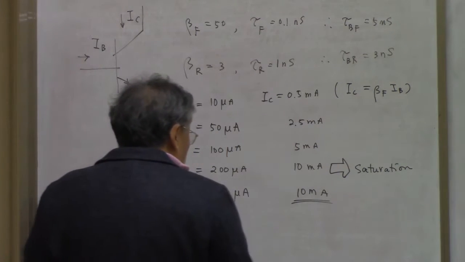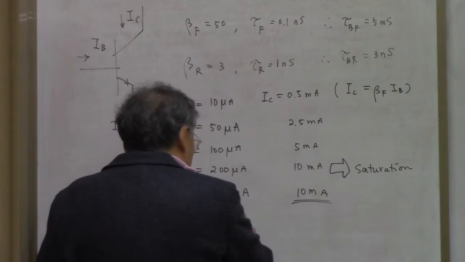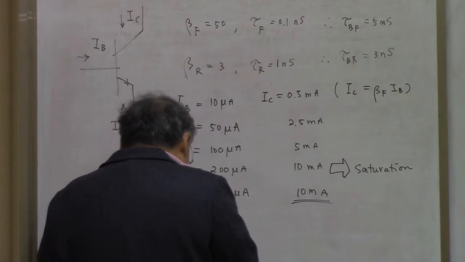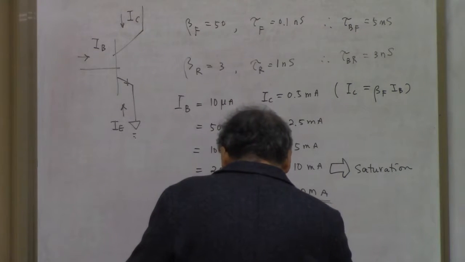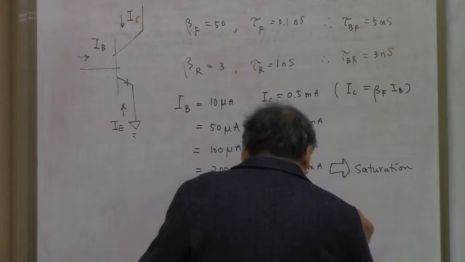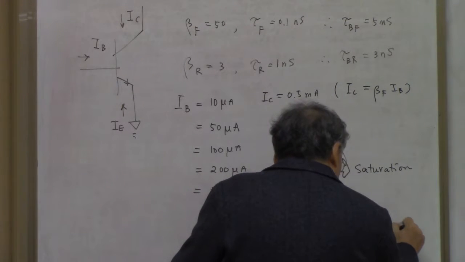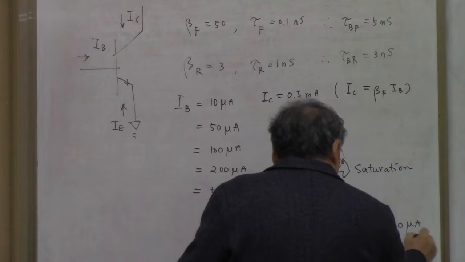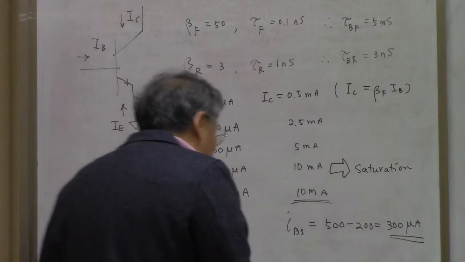Okay? So it's supposed to be 500 microamps, and then the base current for saturation now is 500 minus 200, which is going to be 300 microamps. Okay?